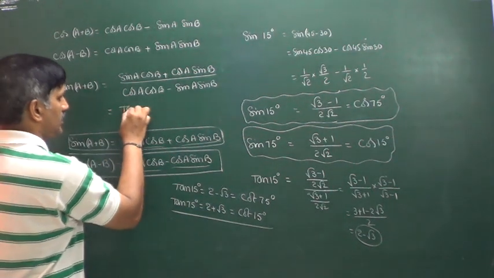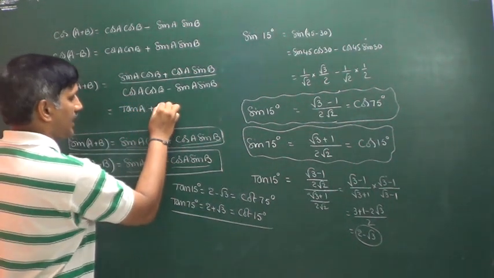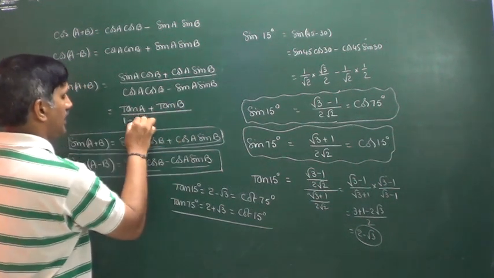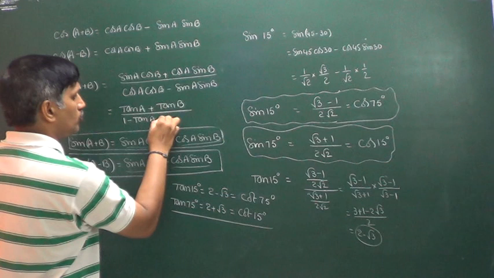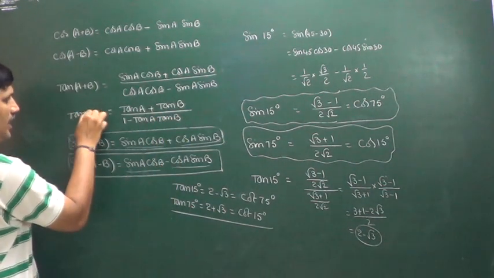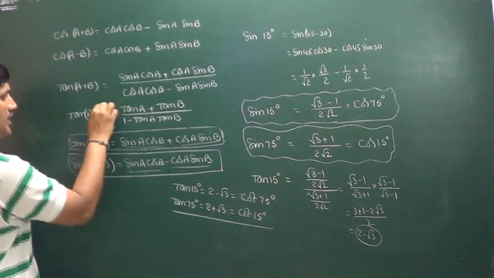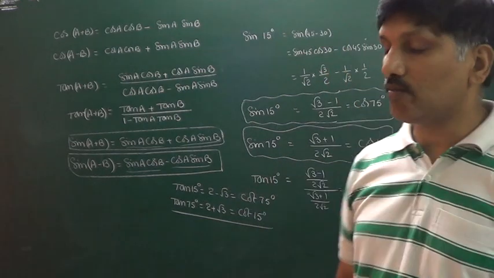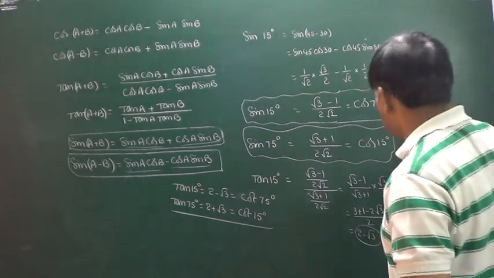We get tan A plus tan B divided by 1 minus tan A into tan B. So that is the formula for tan(A+B): tan(A+B) is equal to tan A plus tan B by 1 minus tan A into tan B.